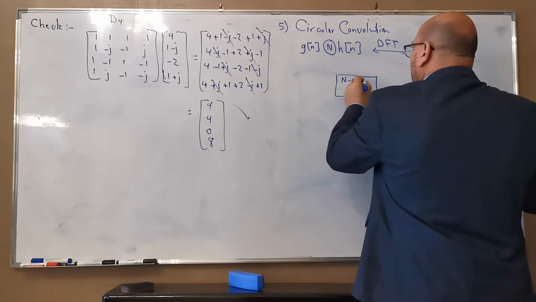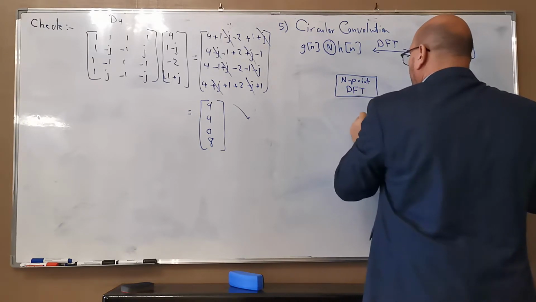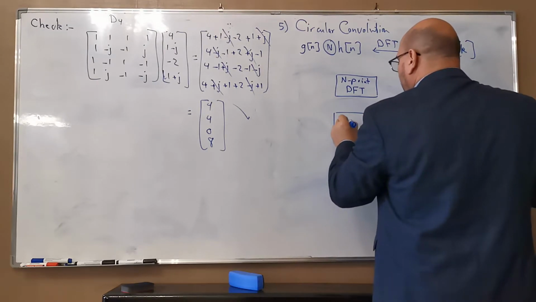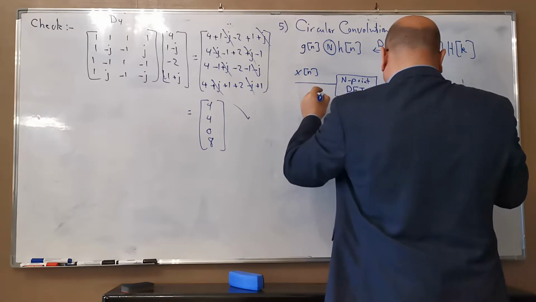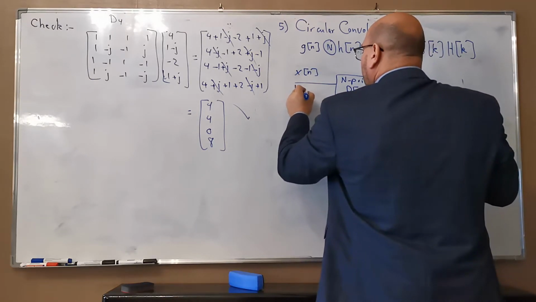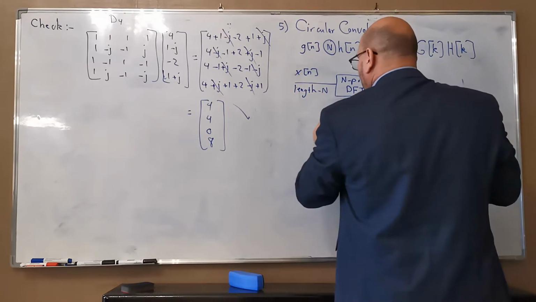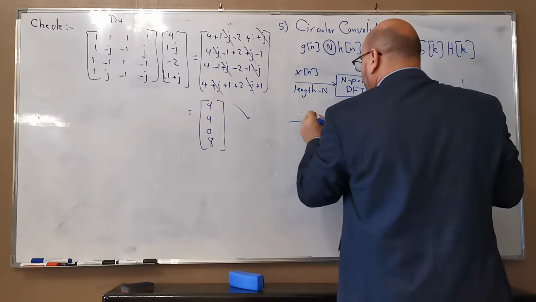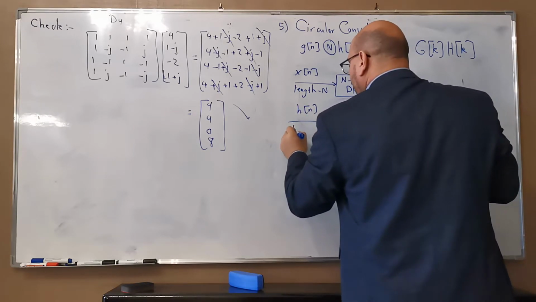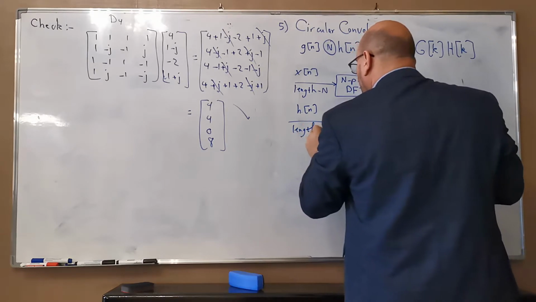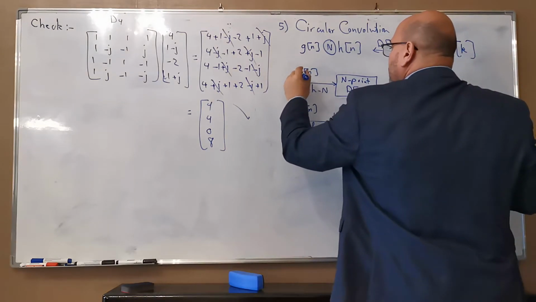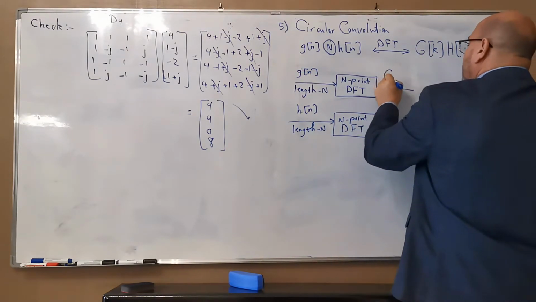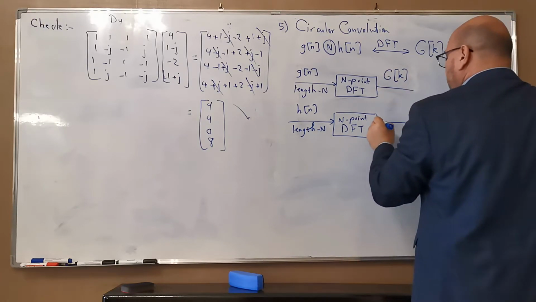If you have an N-point DFT, and you have another block here with N-point DFT, and you apply here x of n, okay, with length N, and you have here h of n with length N, then you got here G of k, and you get here h of k.